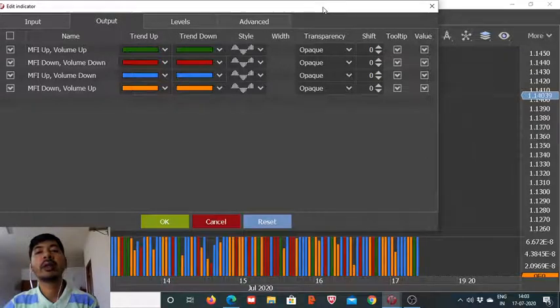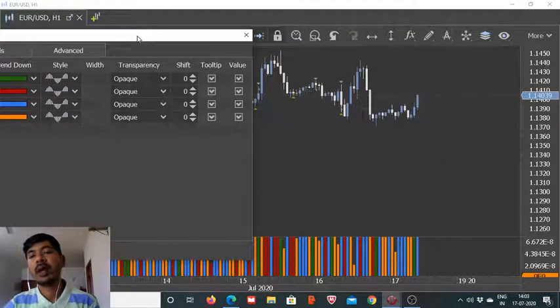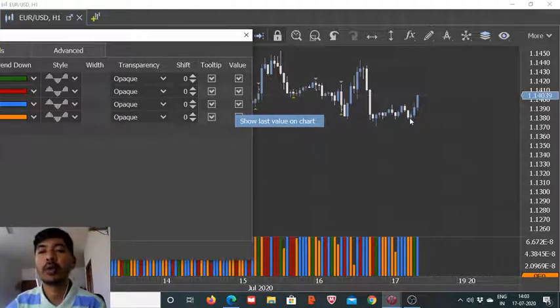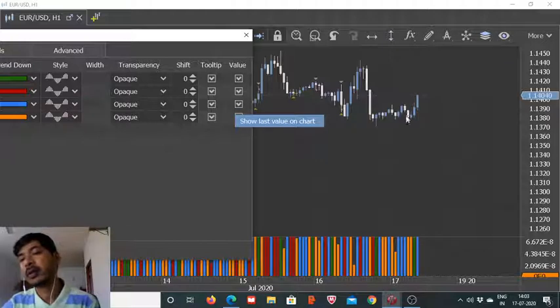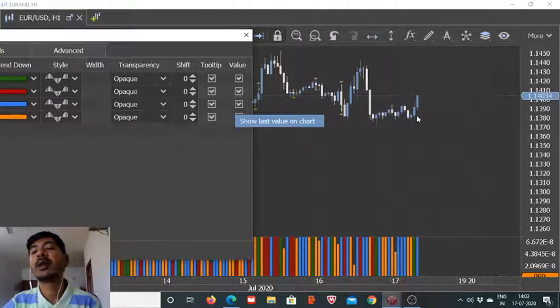That means we had this earlier kind of reversal, as we were talking about in the output values description. There I said that when the MFI is going down while the volume is picking up, reversal is likely. And here you can see that kind of ideal scenario has taken place. We had this possible sign of reversal happening, then fresh momentum picked up, and now we have this continuation of this upward momentum in the current hour.